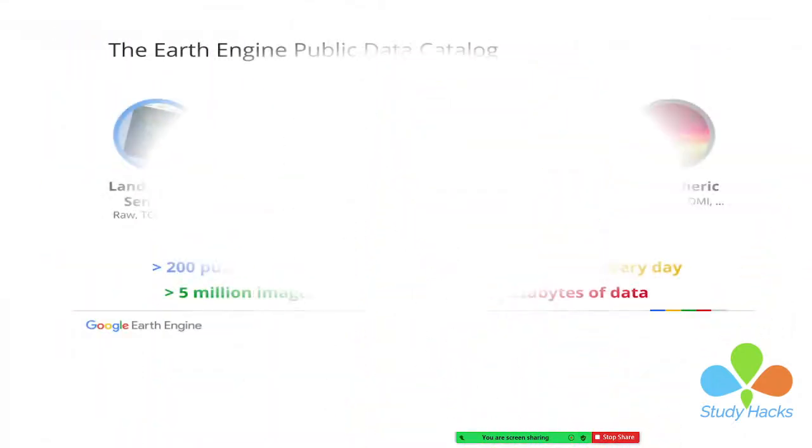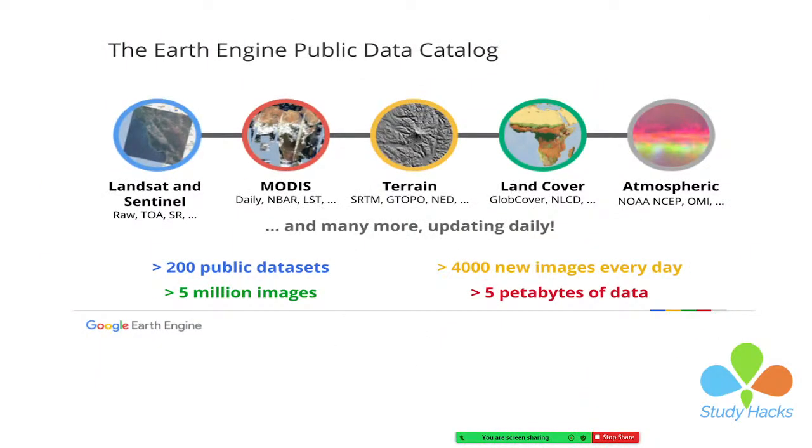First of all, you can see here this is the Earth Engine public data catalog. We can access all of the satellite imagery from this public data catalog. This imagery can be Landsat, Sentinel, or different Landsat classes: raw, top of atmosphere, surface reflectance.